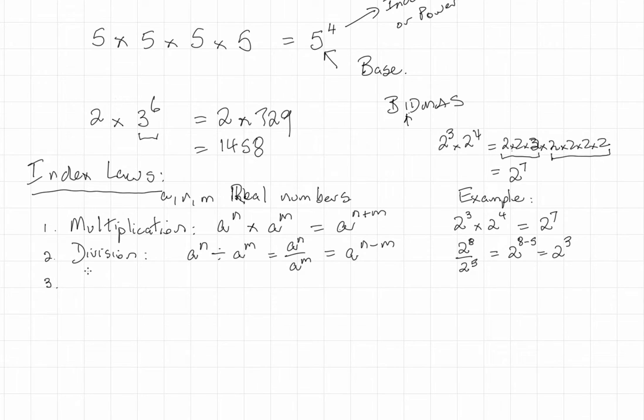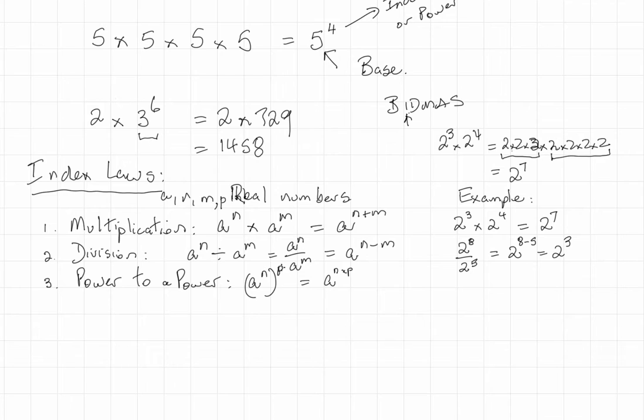3 is a power to a power. So that's a to the n. So we're going to have another letter here, so we'll put that p. A to the n, all raised to the power of p, is a to the n times p.